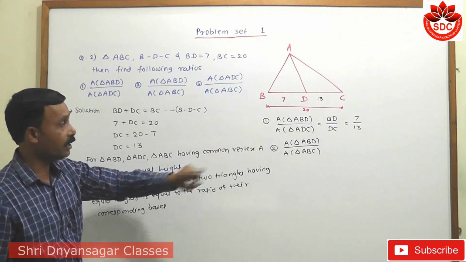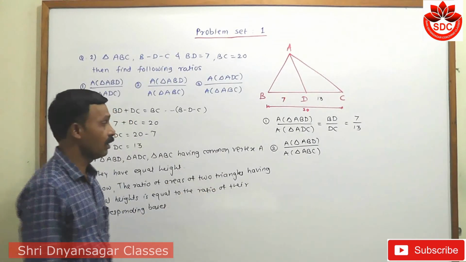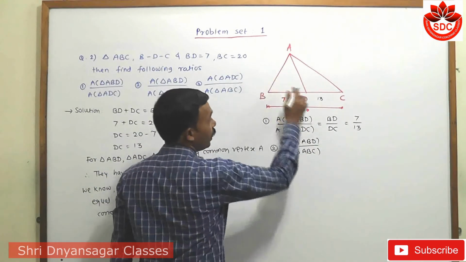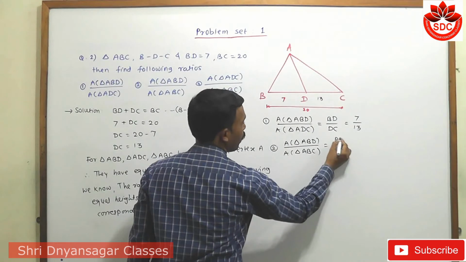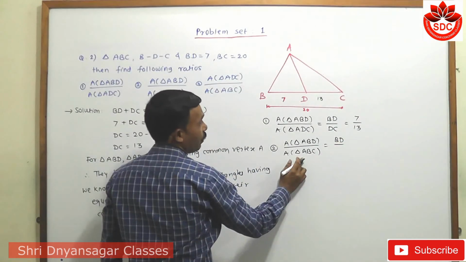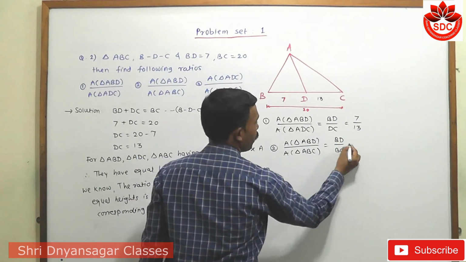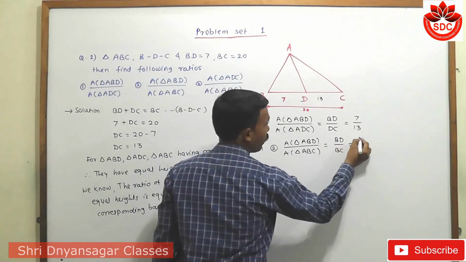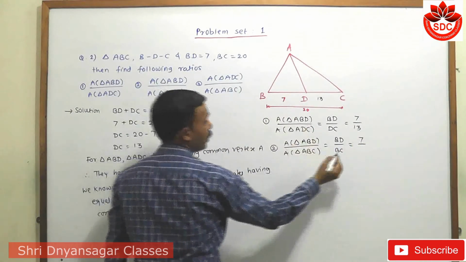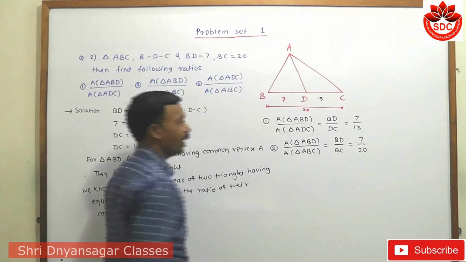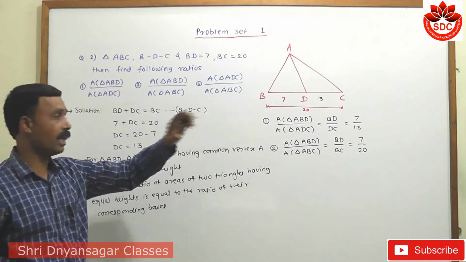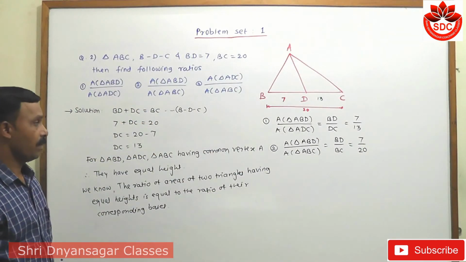Therefore, their ratio of areas is equal to their corresponding bases. The base of ABD is BD and the base of ABC is BC. The value of BD is 7 and BC is 20. We cannot simplify it, so the second ratio is 7 upon 20.